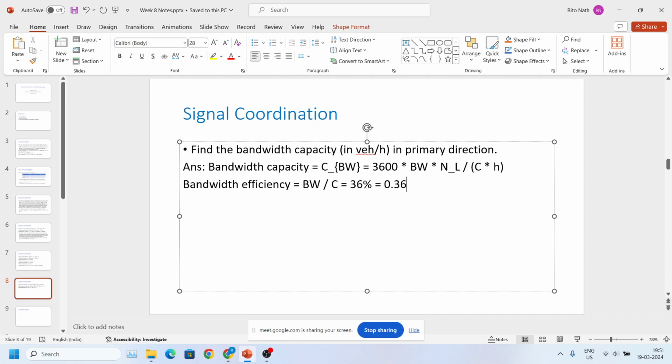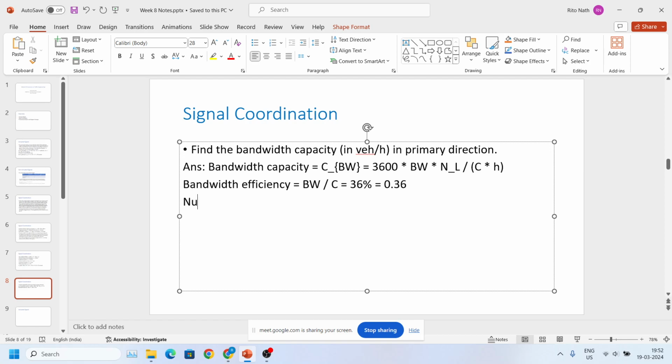In the slides, there was something about 50-50 splits, and that's why this value was taken as 0.5 in that problem, at all intersections. Here it's given directly as an efficiency, so you can use it directly as 0.36.